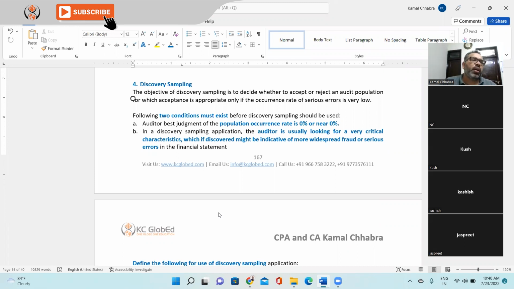That means the things may go wrong, or things may not be as per management or as per the auditor's expectation, and the probability of that is 0 or near to 0%. Are we saying that we're expecting no error at all? Yeah, or close to no error.